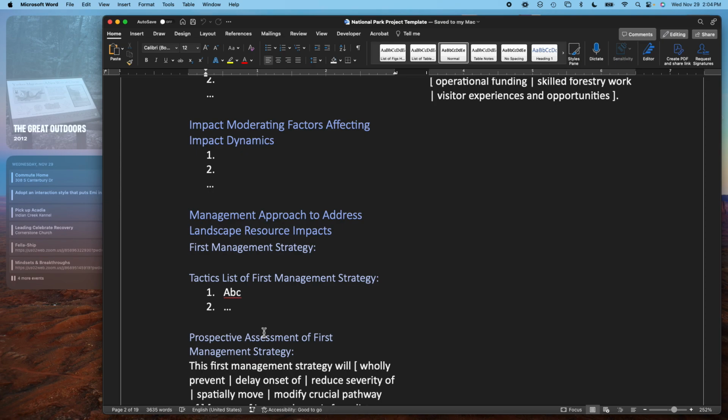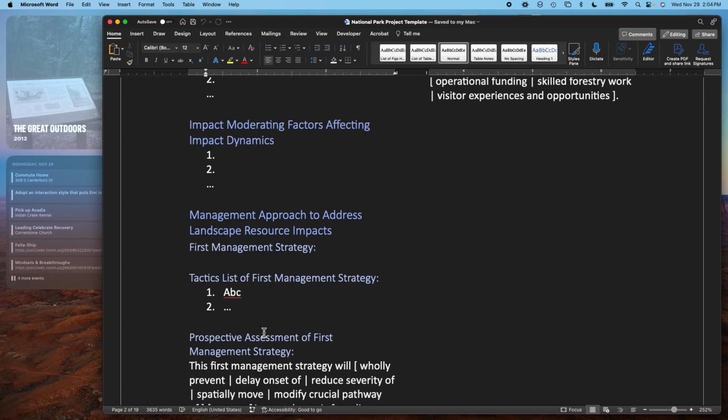We've also already talked about management strategies, the large broad groupings of what you can do, and the tactics filed under each one. Remember there are 4 big management strategies. So I'm giving you a space to pick, let's say, 2 management strategies for each of these classes of resources as they pertain to your park, right?